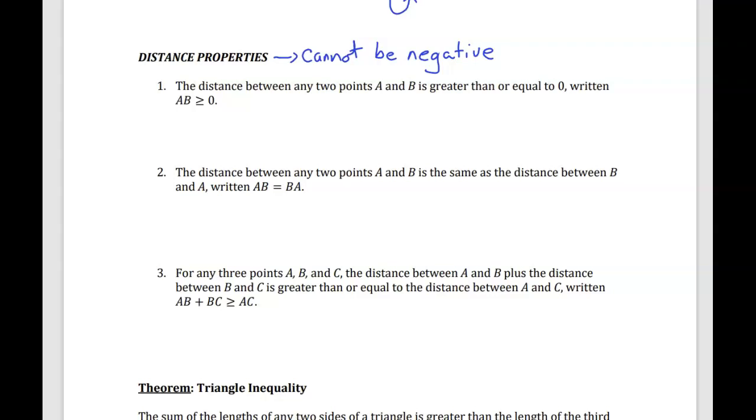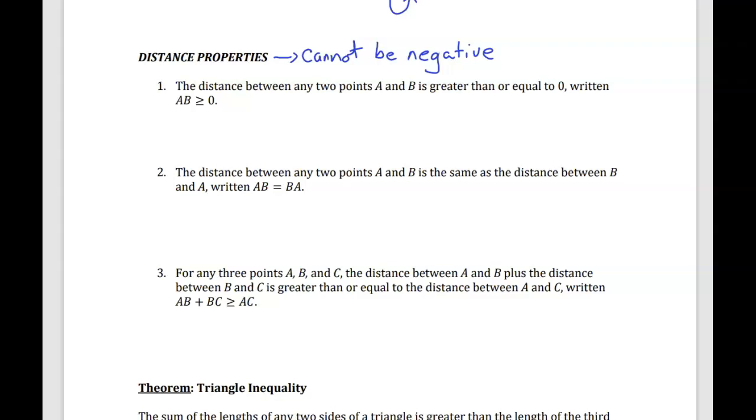Think about the distance from your home to work. You're not going to change that distance, and if you go from home to work or from work to home, you're not going to go a negative distance, okay?